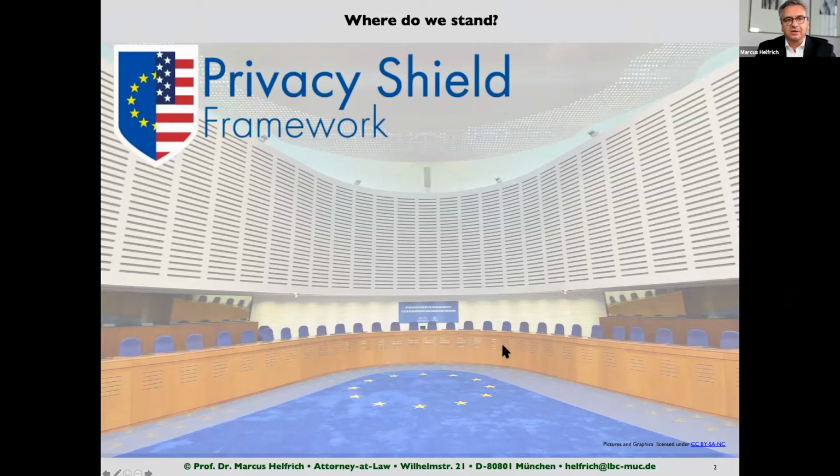Just to remind us, the Privacy Shield framework had been analyzed and evaluated by the European Court of Justice, and the court said that the Privacy Shield agreement is not sufficient to comply with the essential European data protection ideas and data protection law.